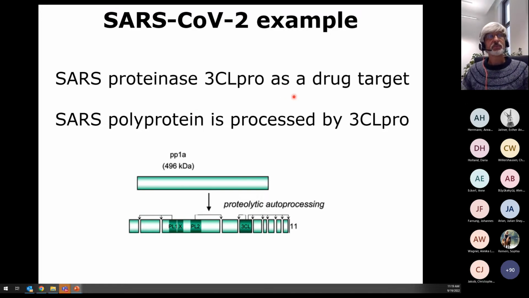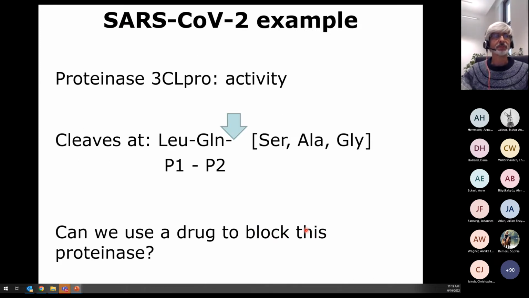And this is an important protein because it's a proteinase that processes the polyprotein of the virus. So you would like to block it so that the virus cannot be processed and cannot infect because it will have no proteins available. And this proteinase cuts after this residue.